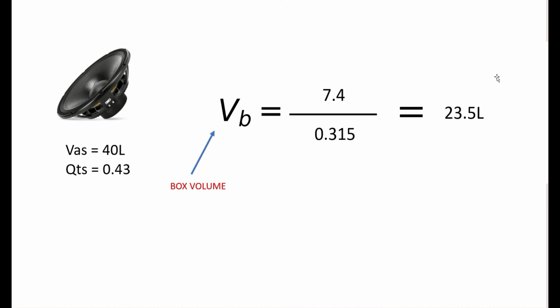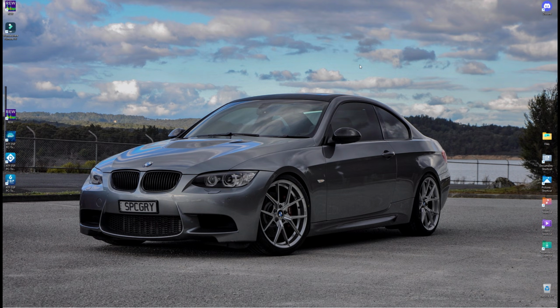I'm not sure, but the thing is that this box volume will change depending on your target QTC. So there you go, guys. By choosing the right QTC value, you can change the sound of your speaker in a box and change the size of the speaker box that you're going to fabricate. Yeah, so that's really interesting.